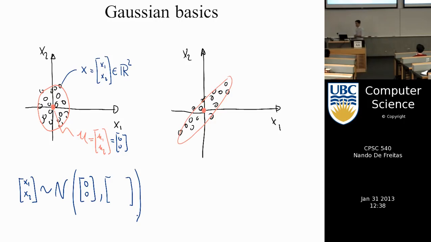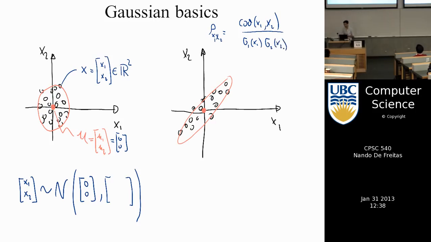Okay. So in particular, there is a variable called correlation, sigma xy or x1, x2, which is just the covariance of x1 and x2 divided by the standard deviation of x1 times the standard deviation of x2.